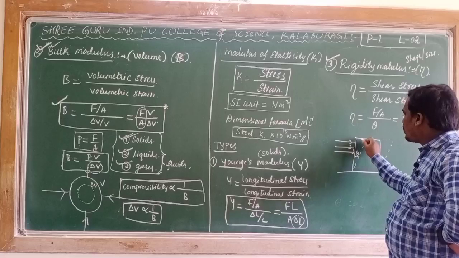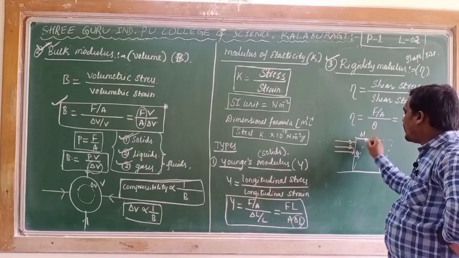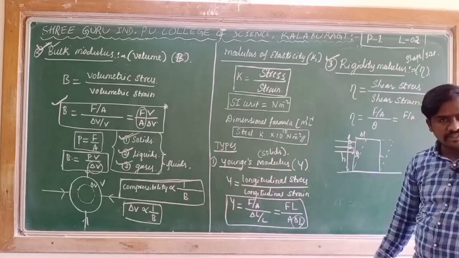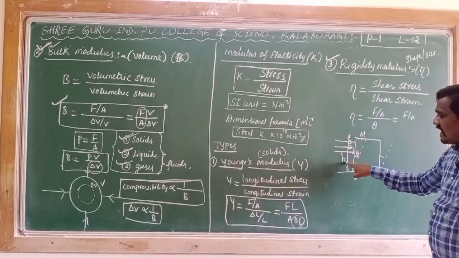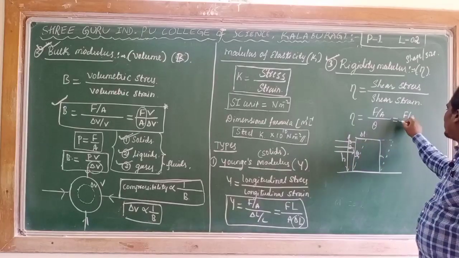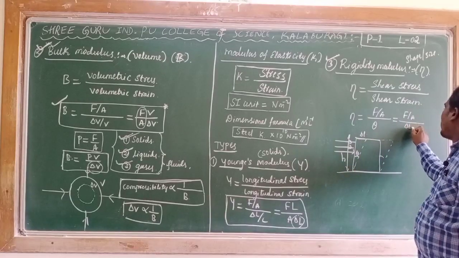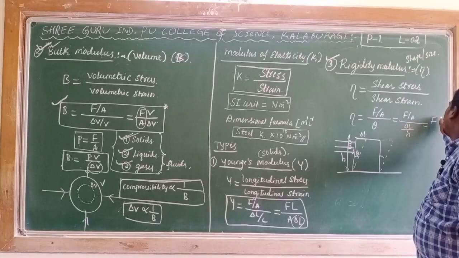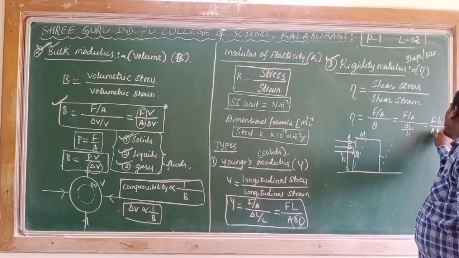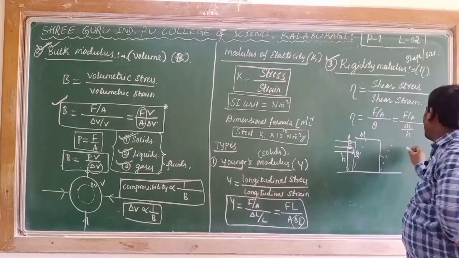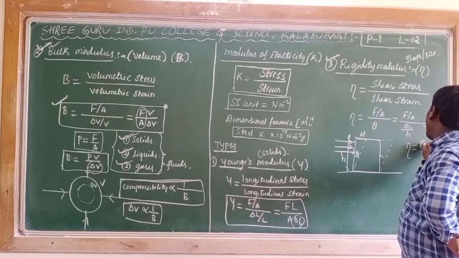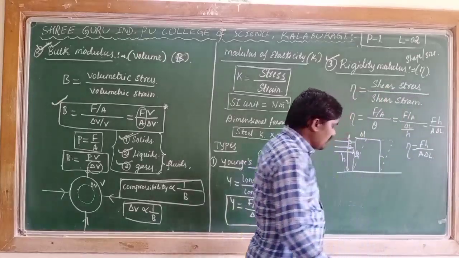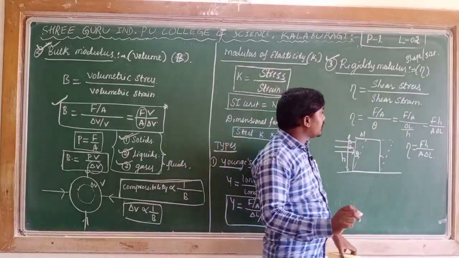The angle of tilt, where the change is delta L with respect to the length, or we can consider this the height. The change in length with respect to a particular height is theta, that is delta L by H. So eta equals F H by A into delta L. Here also we are discussing only solid bodies.